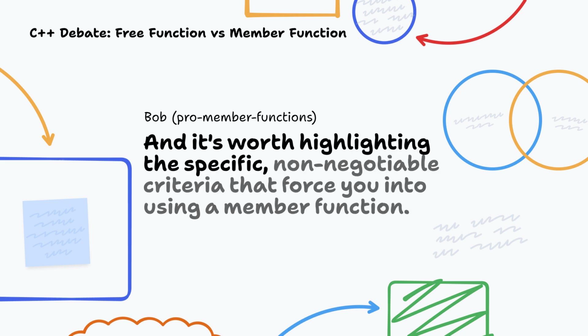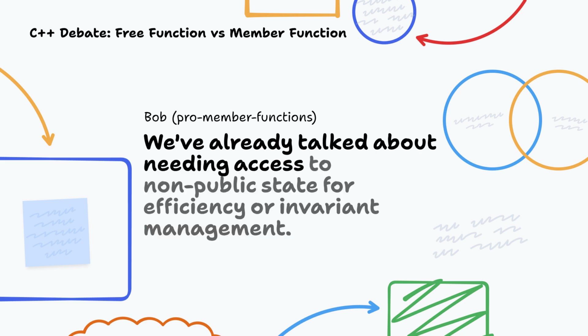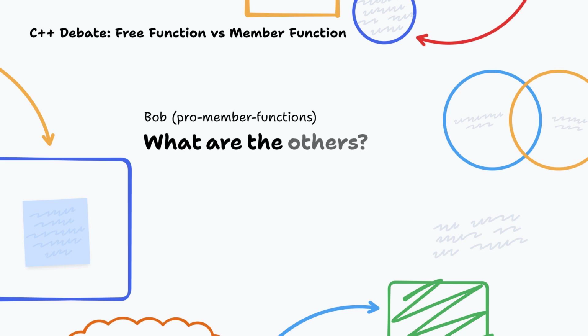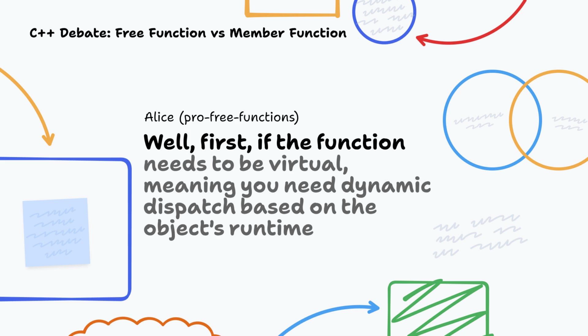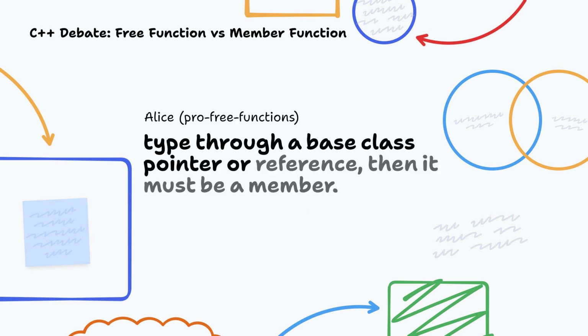And it's worth highlighting the specific non-negotiable criteria that force you into using a member function. We've already talked about needing access to non-public state for efficiency or invariant management. What are the others? Well, first, if the function needs to be virtual, meaning you need dynamic dispatch based on the object's runtime type through a base class pointer or reference, then it must be a member.